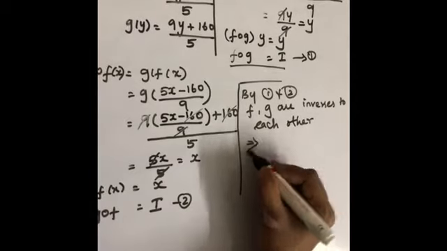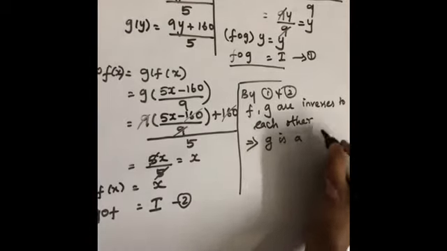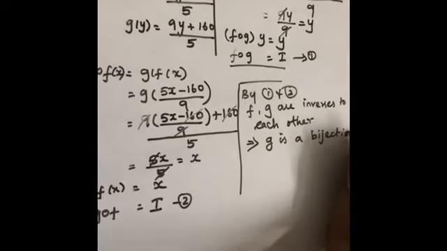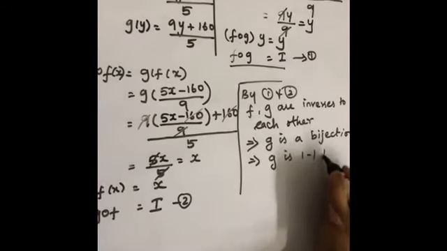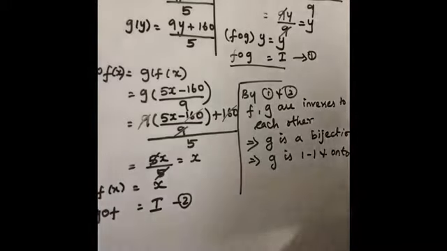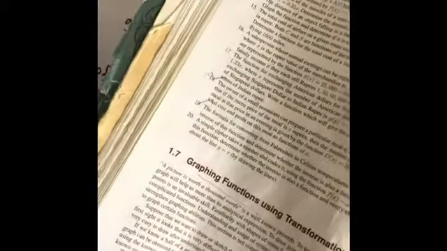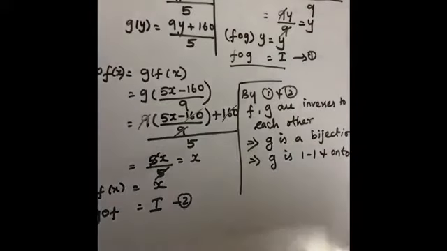That implies f and g are bijections. That implies g is one-one and onto. Here what they have asked is whether the inverse is also a function. Yes, the inverse is also a function and it is a bijection.